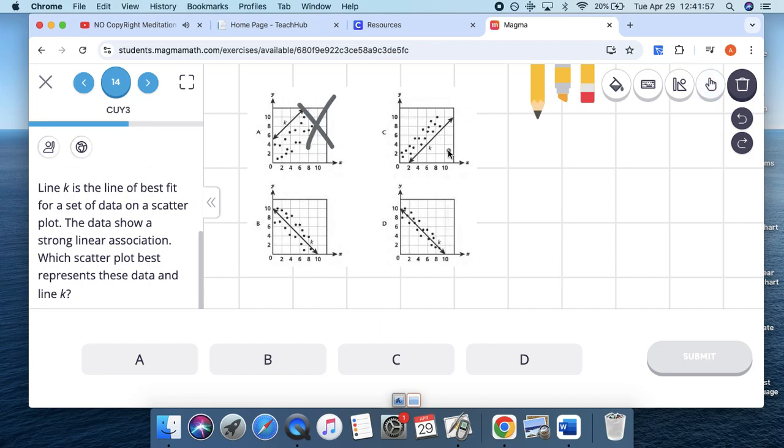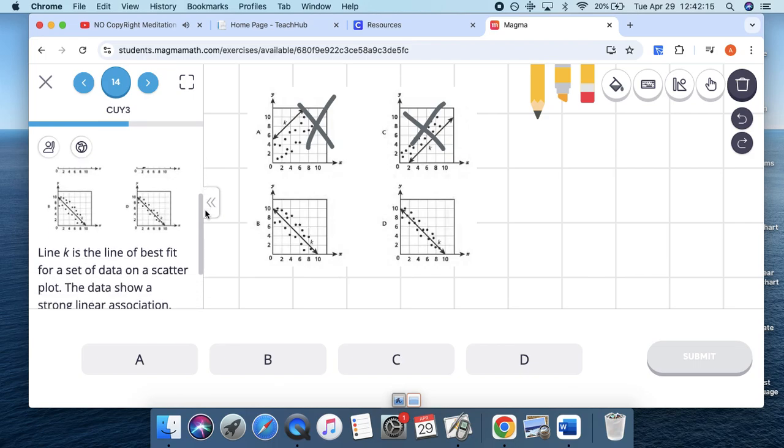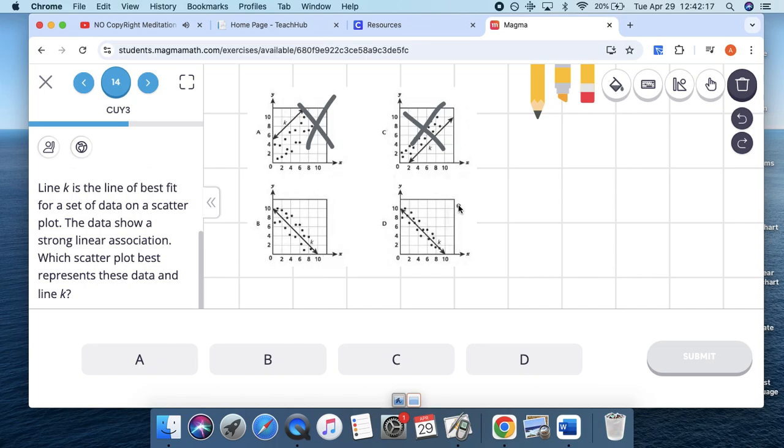C as well, because all the values are above the line. Now between B and D, B and D pretty much look okay. Best represents the data like K. So what are we talking about first of all? It doesn't give us a context. I like D. Let's see what that says. Oh, look at that.